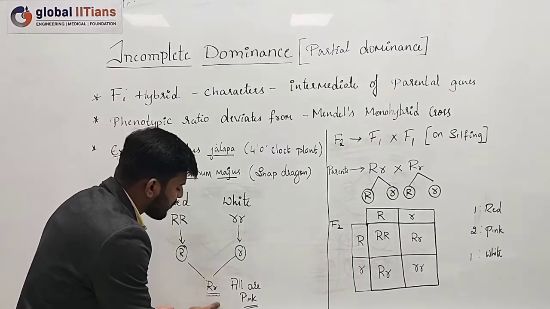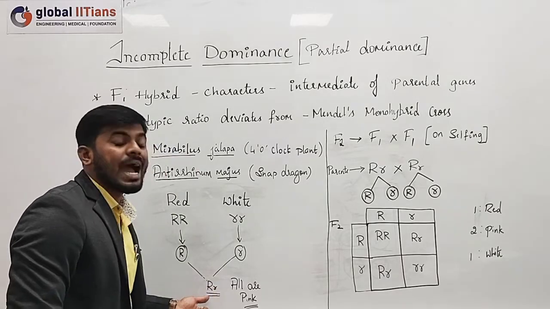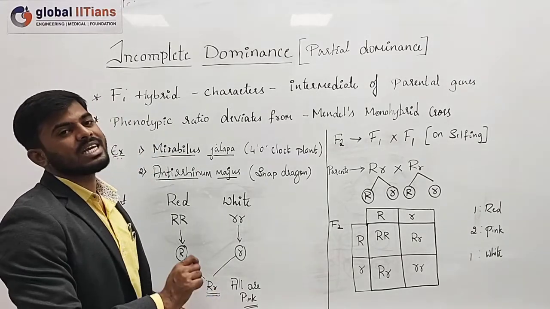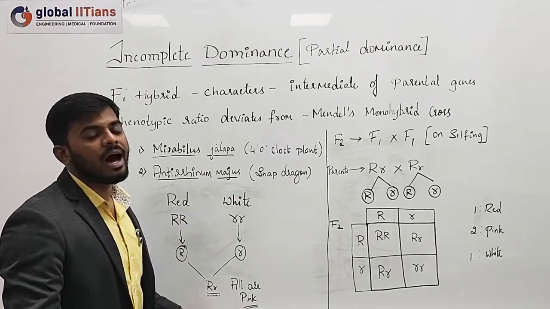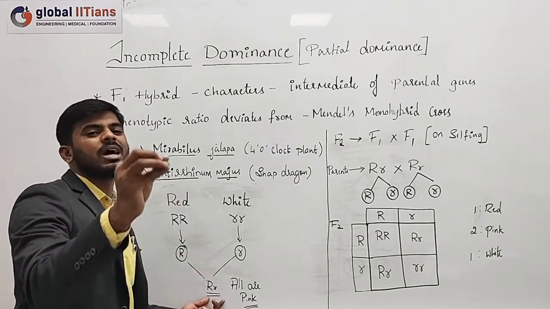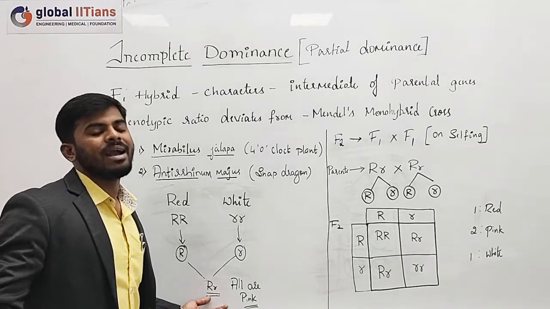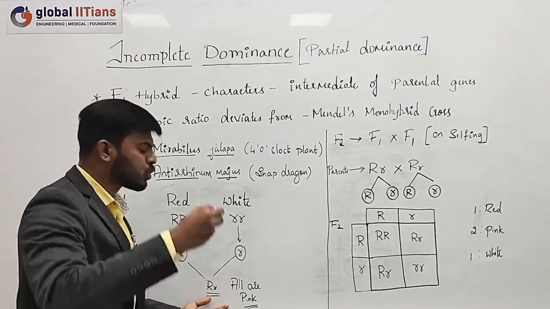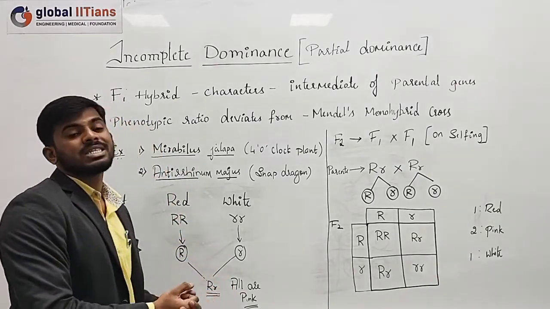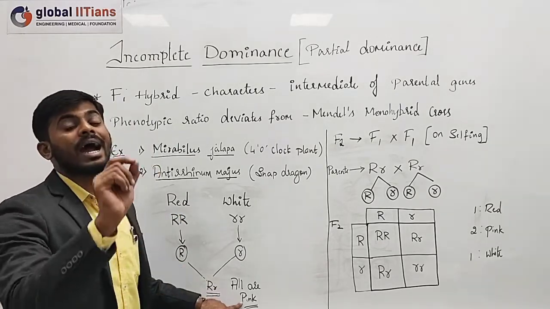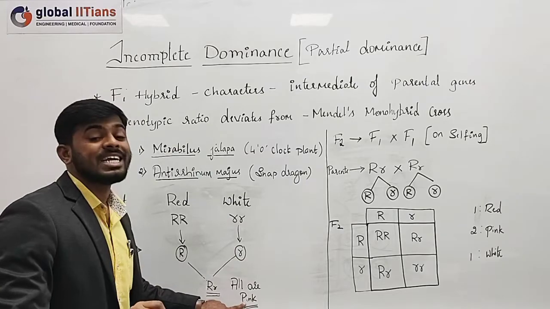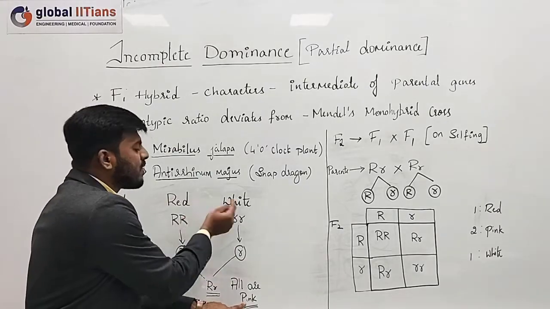As a result of F1 generation, we get capital R and small r, that is, a heterozygous condition. Now, if this was a general Mendel cross, we would say it's a heterozygous red. But here, we cannot say that. Here, it's showing an intermediate character, that is pink. So pink is the intermediate between red and white.